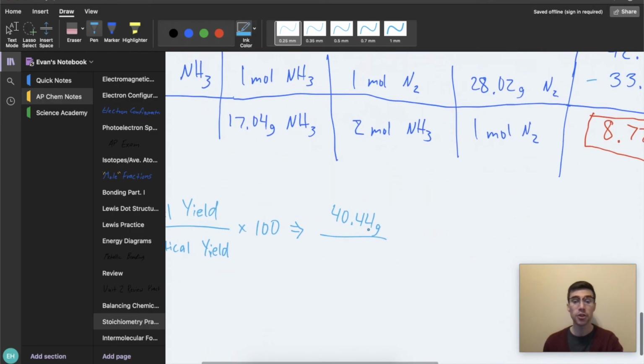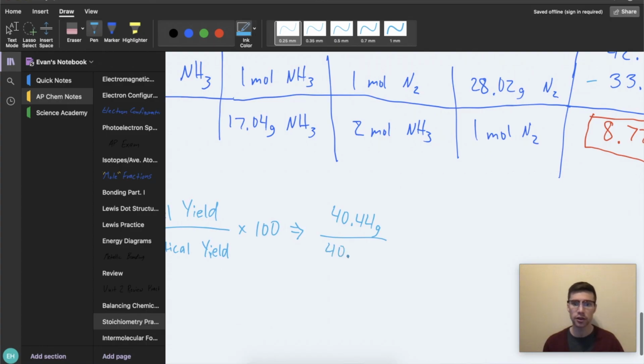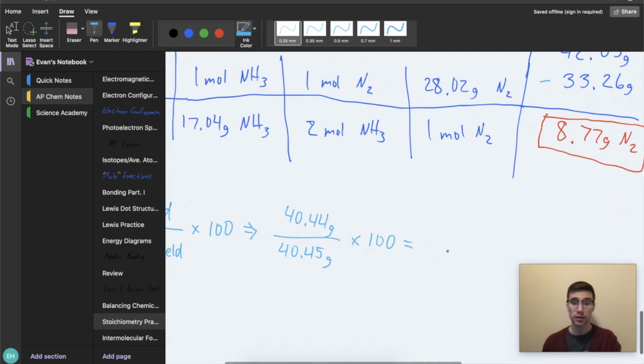So they're not exactly the same, but they're pretty close, which means we collected almost all of it, but not exactly. Okay, again, multiply by 100. Now, this is going to be pretty close to 100 because we collected almost all of it, but we missed about 0.01 grams of that substance. So if you do that calculation and you multiply by 100, you'll get about 99.98%.